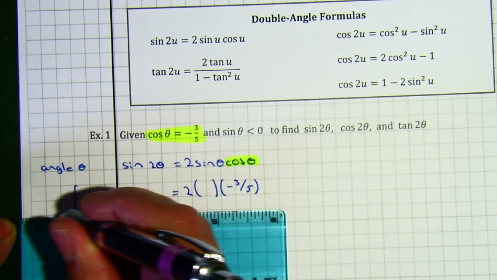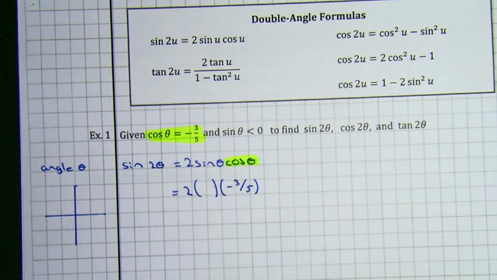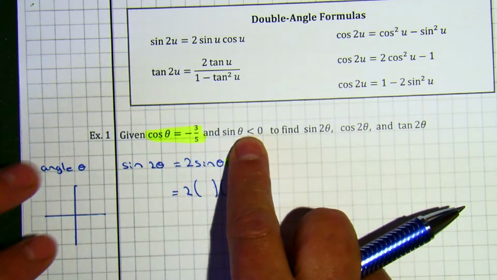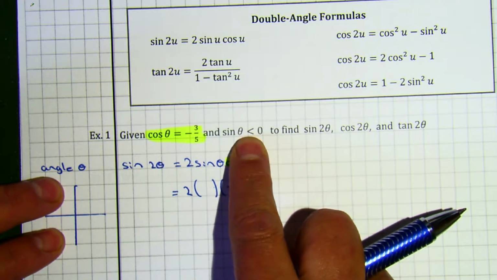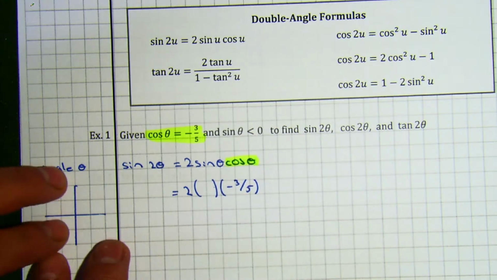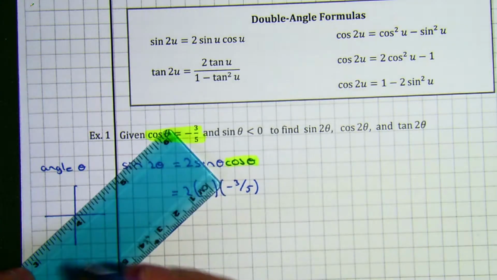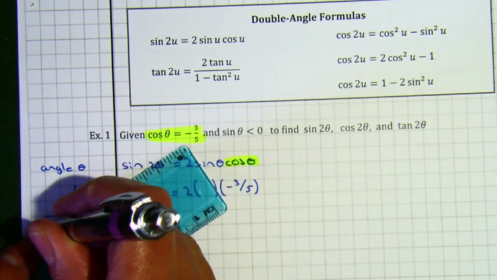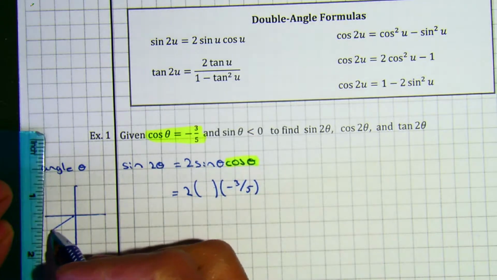We'll determine that the cosine is negative, so it has to be in the second or third quadrant. And we know that our sine is less than 0, so it has to be in the third or fourth. So therefore, it has to be in the third quadrant. So I'm just going to make a generic triangle.